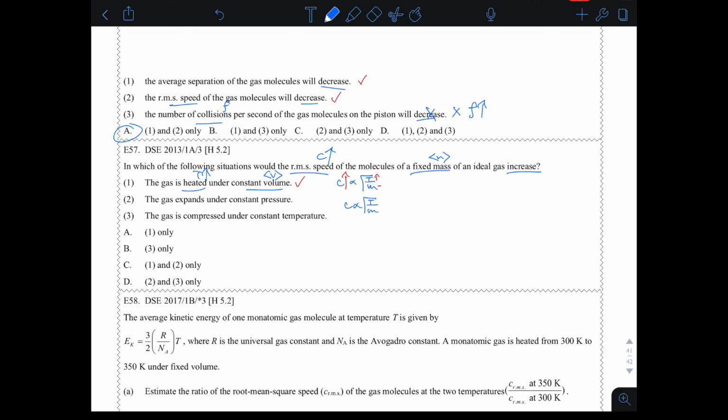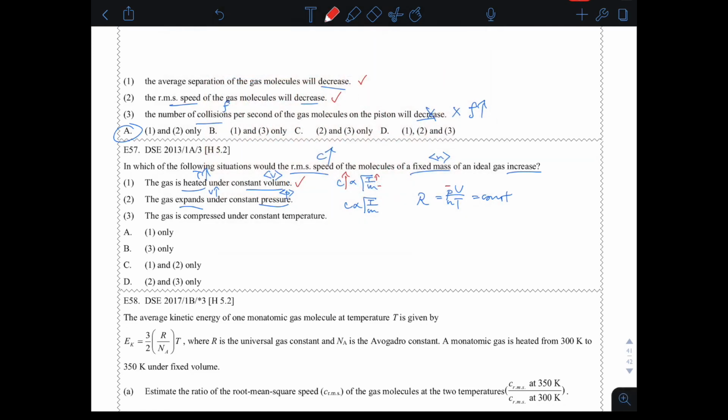Next, we again think of C and the square root of T over M, and this time the gas expands, volume increases under constant pressure. Now nothing is related to temperature, so we have to know what the temperature change is. Then we have to further think of R equals PV over nT, which is a constant.